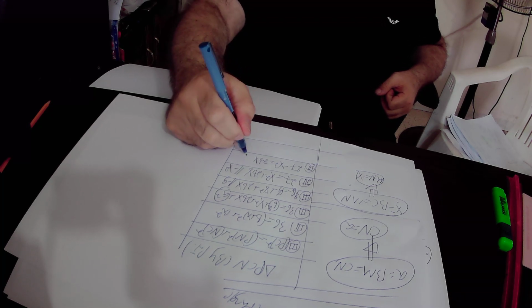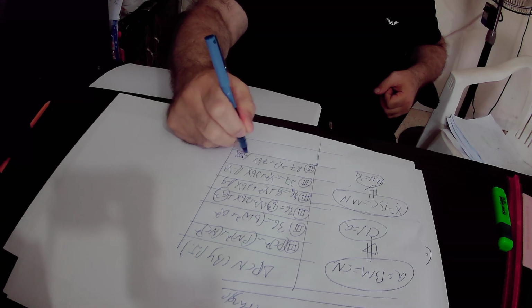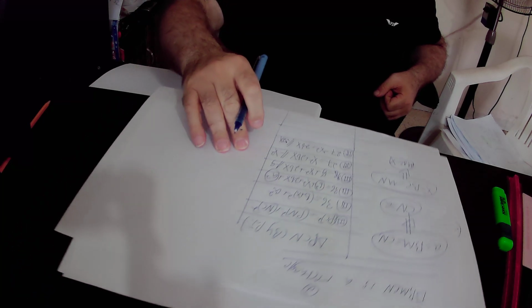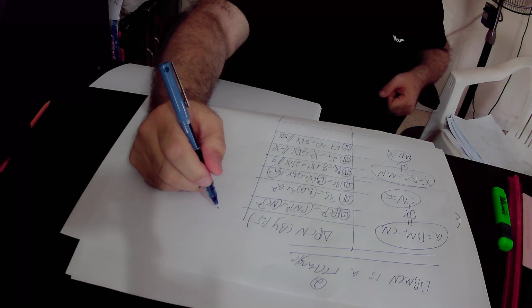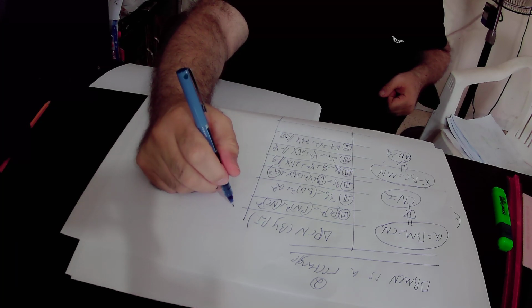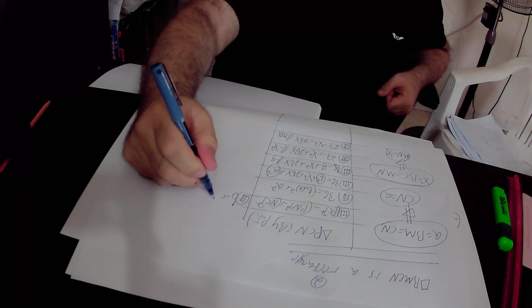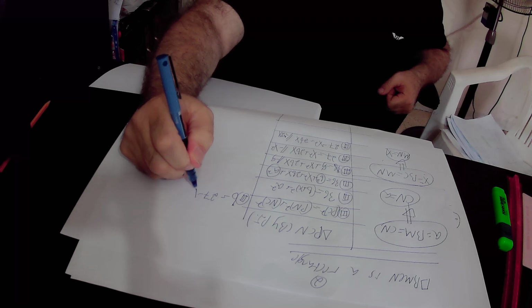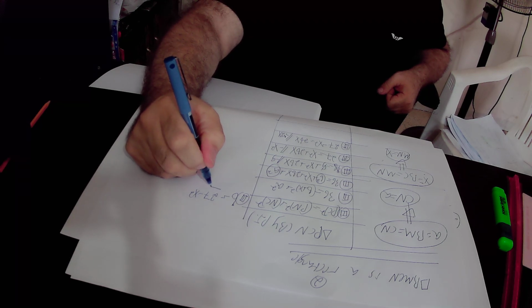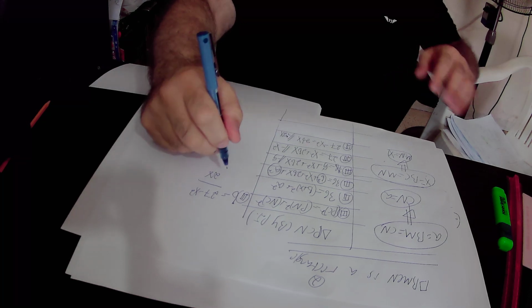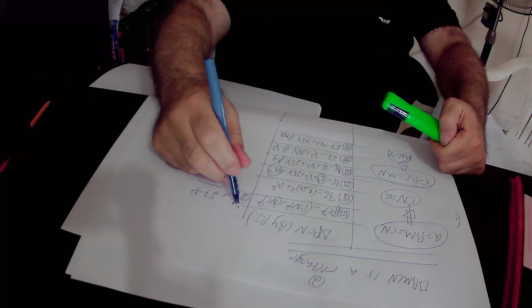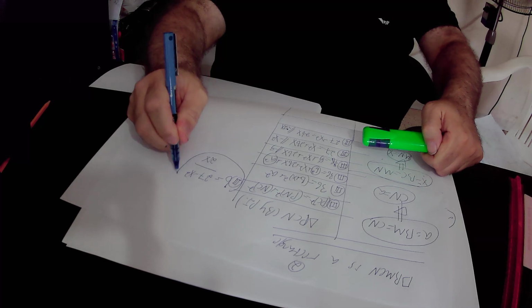Here we divide this equation by 2x, and we get that b equals 27 minus x squared over 2x. So I actually found the values of a and b in terms of x.